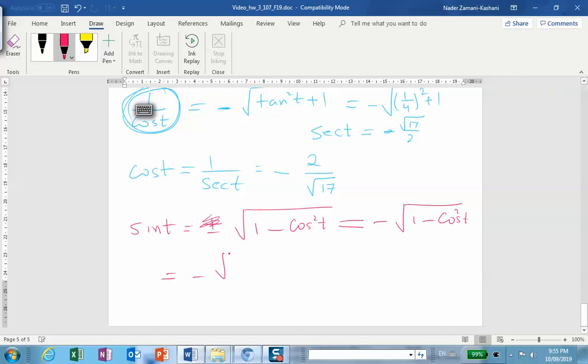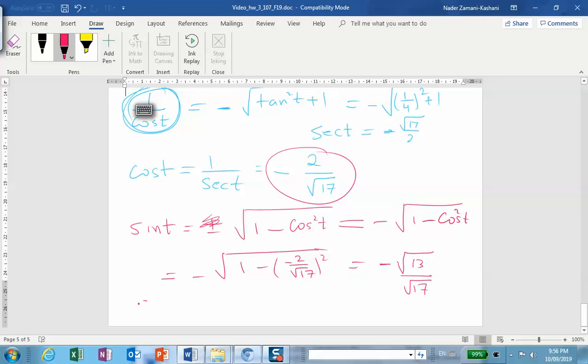Minus the square root of 1 minus the square of this fellow, minus 2 over root of 17 squared. And this is going to be negative. If you do the algebra, you get 17 minus 4. You get the square root of 13 over root of 17. That's what you're going to get.